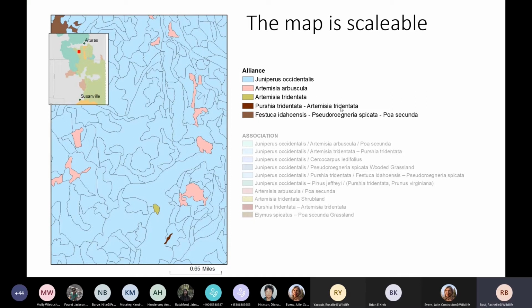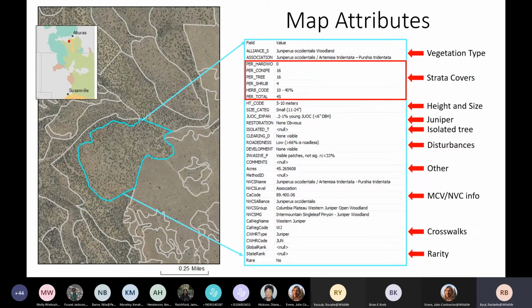Okay, next I'd like to highlight the strata cover attributes. So for each polygon, a percent cover is estimated for the total tree layer, and also separately for conifer and hardwood covers. And then of course they have the shrub cover, the herbaceous cover, which is in a cover class, and then the total vegetation cover.